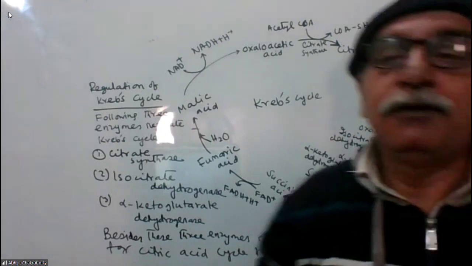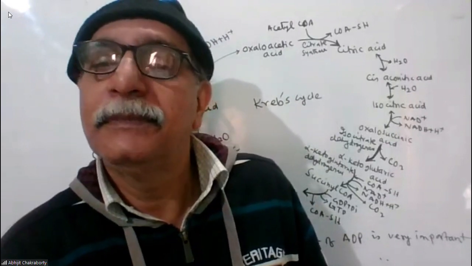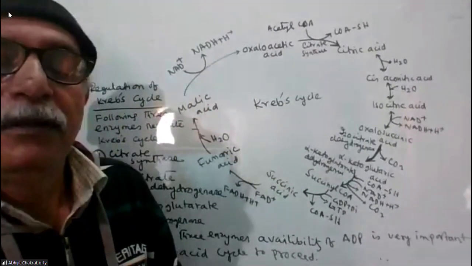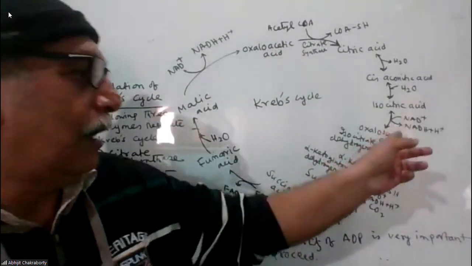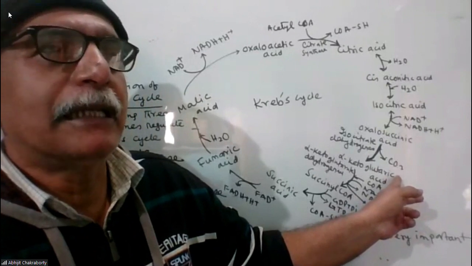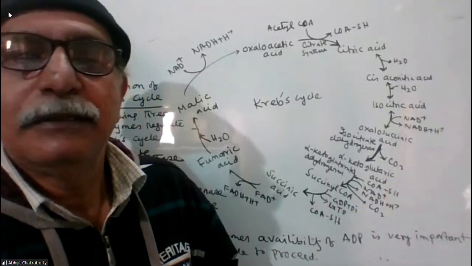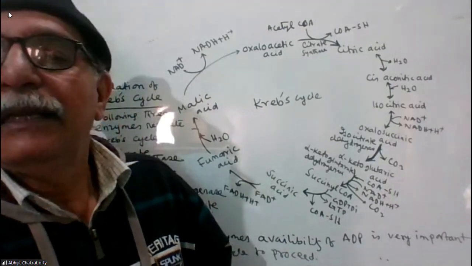Okay, completed. Yes, sir. Sir, you gave an example of anabolic and catabolic reactions, can you say it again? Alpha-ketoglutarate, the intermediate in Krebs cycle, may be utilized in the synthesis of glutamic acid. Clear?